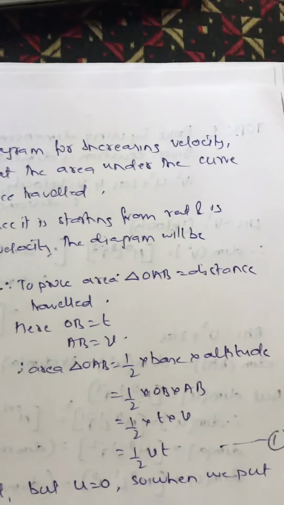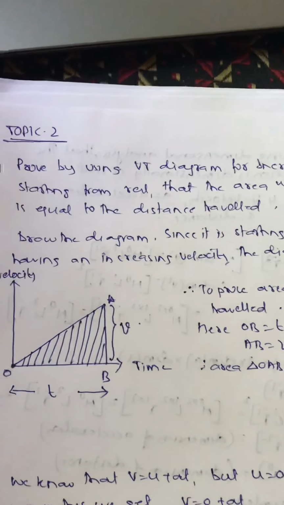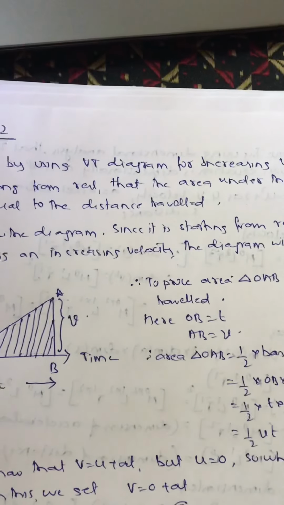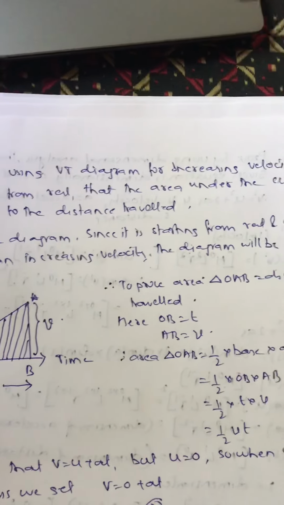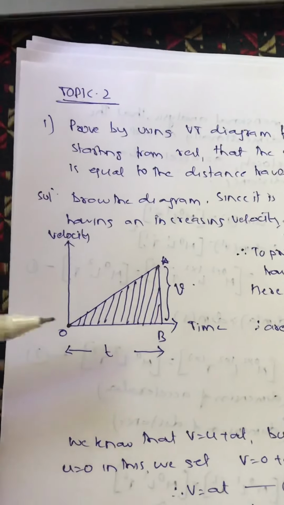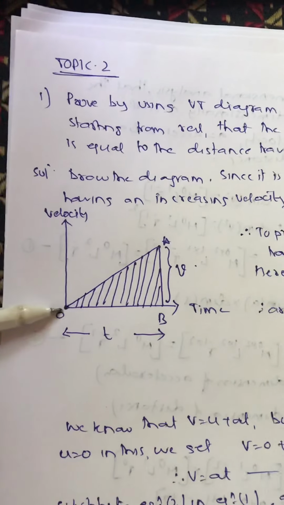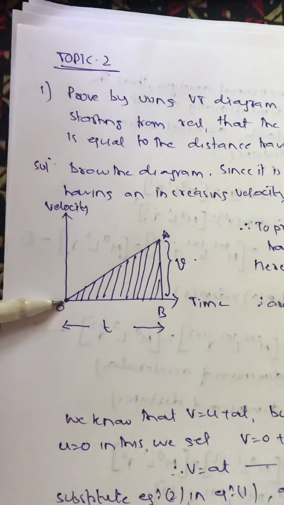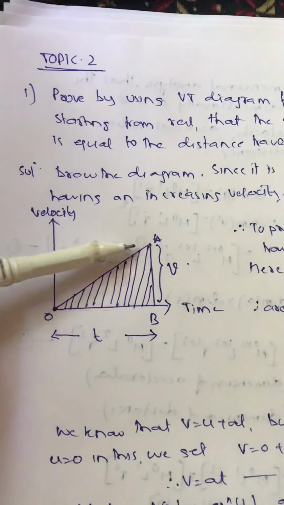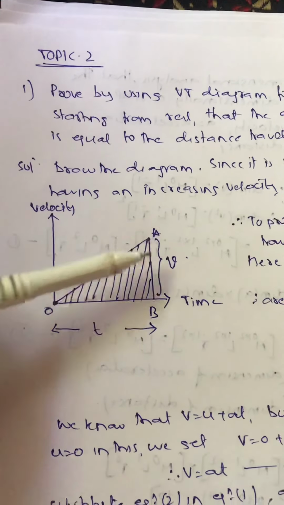Area under the curve is equal to the distance traveled. Look at the wording of the problem. Increasing velocity starting from rest. Diagram like, starting from rest means it will be having zero velocity. Increasing velocity, taking any point here, you see this is a final velocity v, and it will have traveled for a time t.